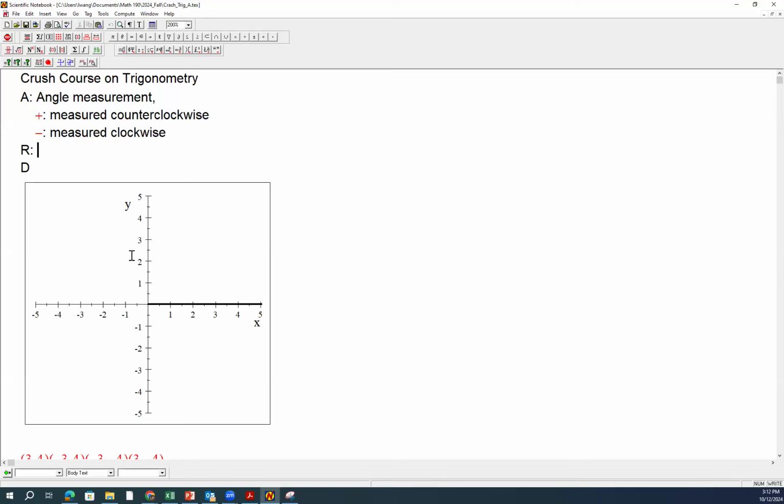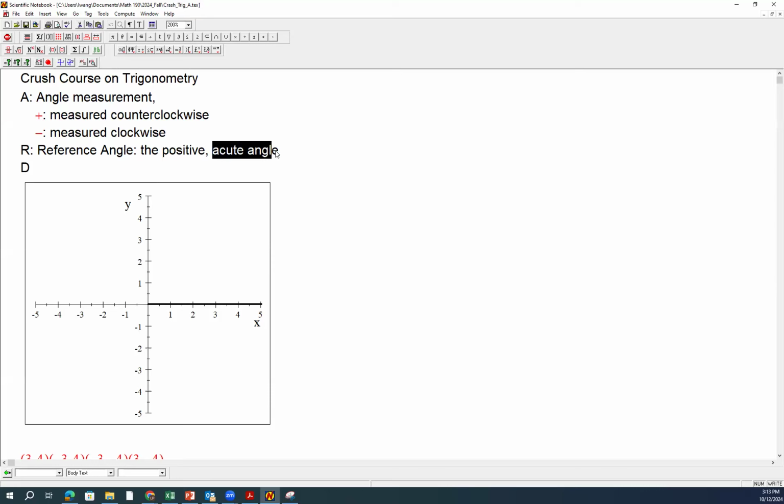The second concept we're going to use in trigonometry is called reference angle. What is a reference angle? We have a definition about reference angle. A reference angle is the positive acute angle. So number one is positive.